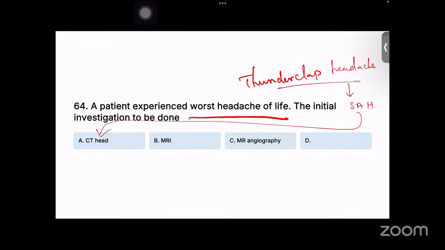MRI is the most sensitive for subacute hemorrhage, but it takes longer to perform, most centers will not have it immediately available, and it is more expensive. So when the patient is in the acute setting, CT provides rapid and accurate diagnosis, as SAH is readily detectable. Speaking about thunderclap headache, approximately 85% of subarachnoid hemorrhages are from a ruptured cerebral aneurysm.